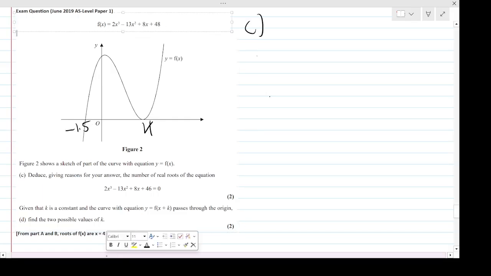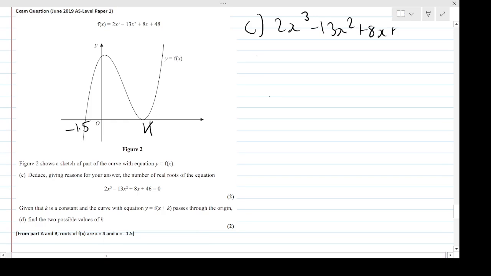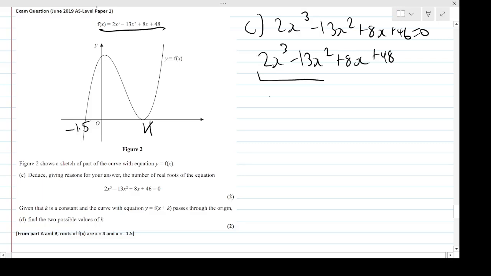So a tip again, if you've got a question like this: okay, we have 2x cubed minus 13x squared plus 8x plus 46 equals 0. Well, try and substitute the original function in. So firstly, we're going to have 2x cubed minus 13x squared plus 8x plus 48, okay? That will be f of x, okay?